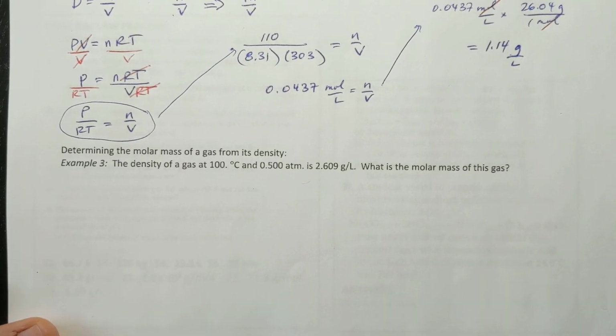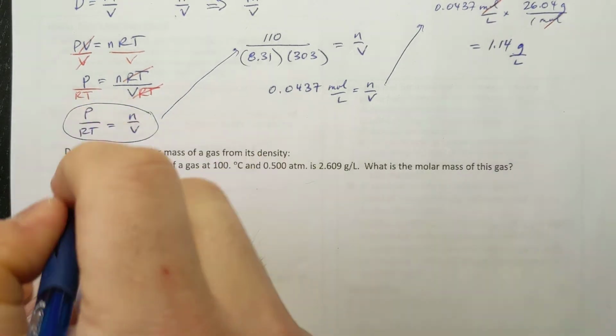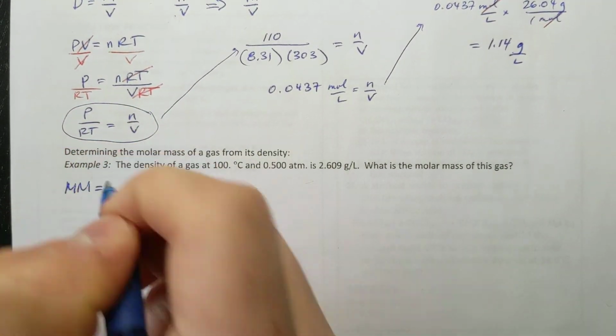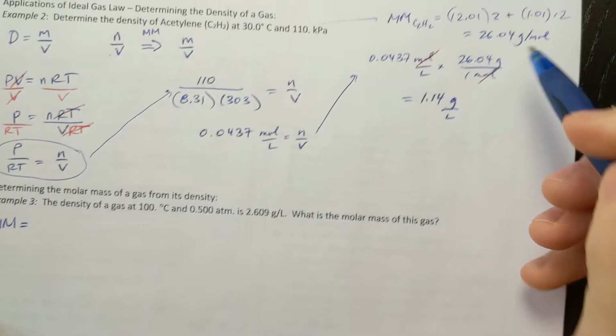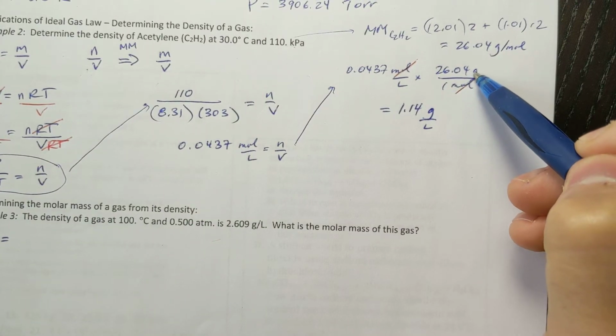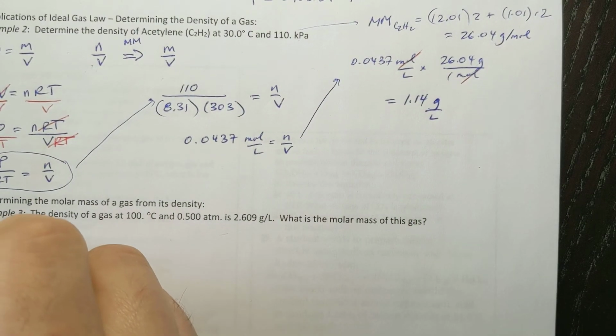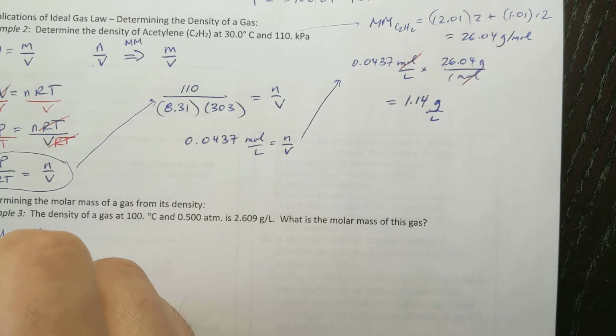Okay, finally, determine the molar mass of a gas from its density. Alright, so know that molar mass is given to us, look, we can even look over here, as grams per mole. So mass over moles.